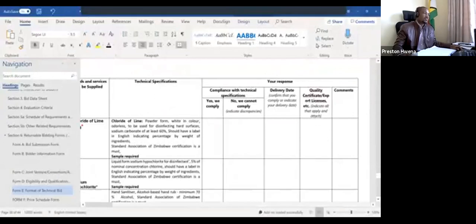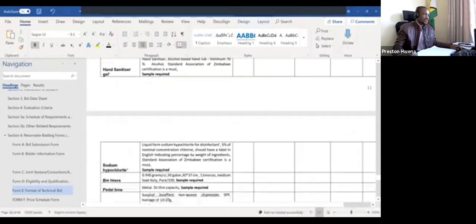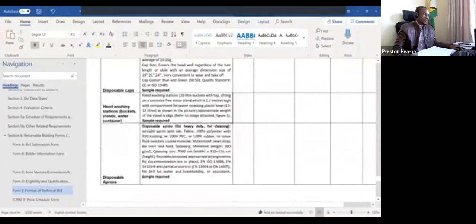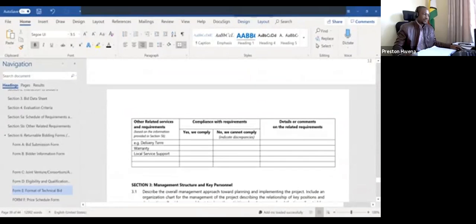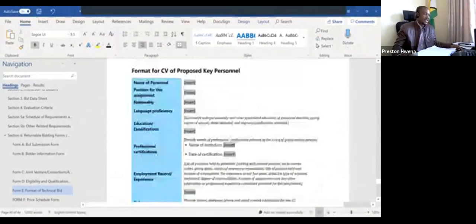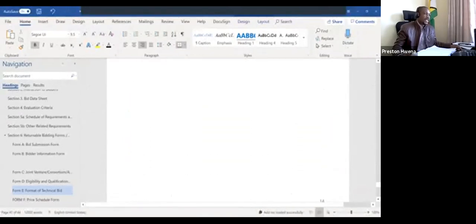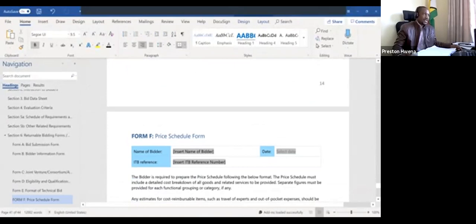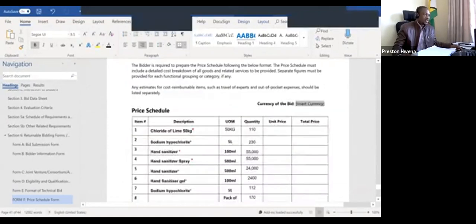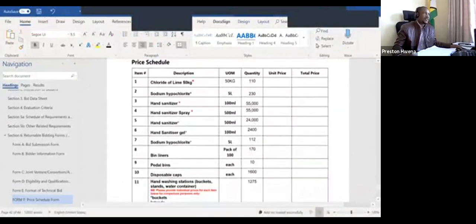So this also needs to be completed. Then you can also put the key personnel representing your organization. You need also to complete this section so that we know your management structure. The price schedule, this is the most important. We've already talked about it.